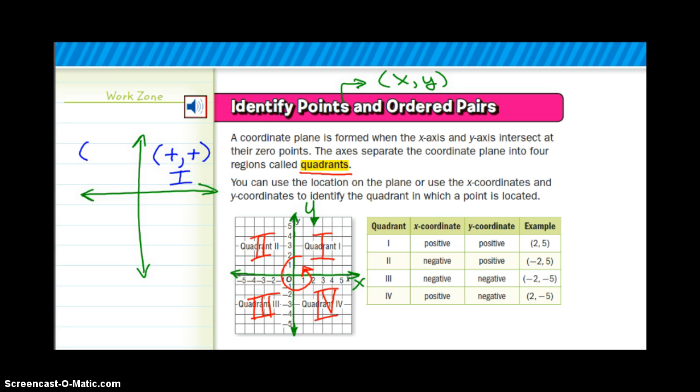In quadrant 2, the x will be negative and the y will be positive. That is quadrant 2. In quadrant 3, both are negative. And the last quadrant, quadrant 4, the x is positive and the y is negative.